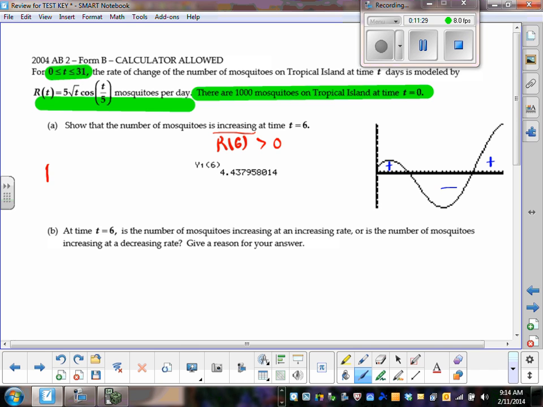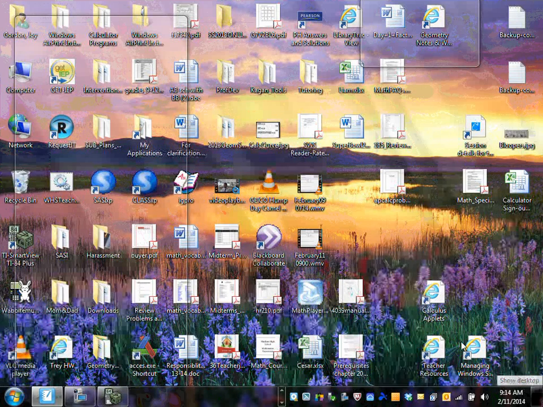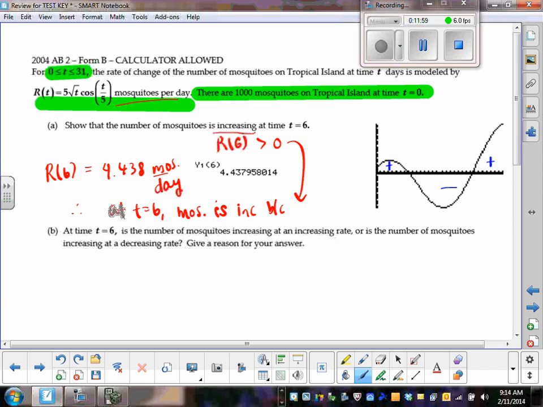So we would say r of 6 is equal to 4.438, still measured in mosquitoes per day. Okay, don't use m because that's meters, so use something slightly different. And so therefore, at t equals 6, mosquitoes are increasing, so the function is increasing because r of 6 is greater than 0.